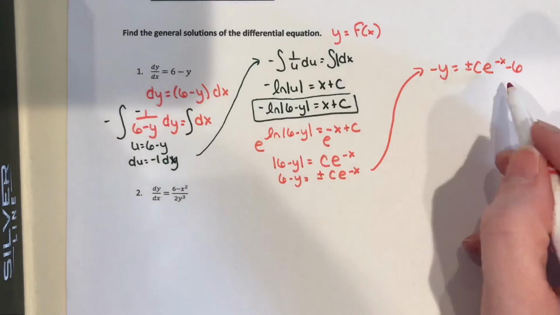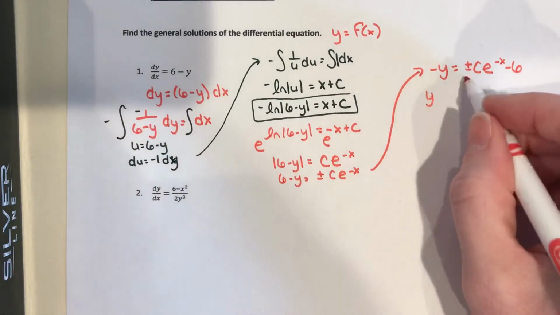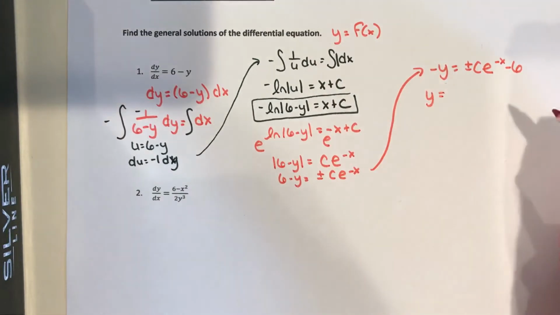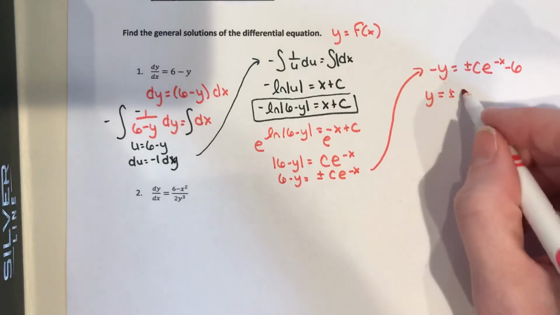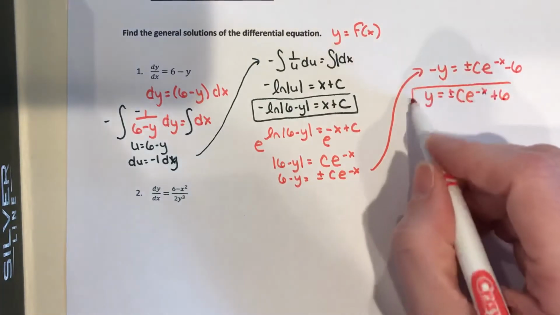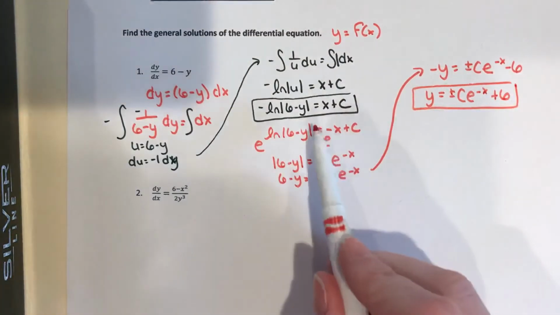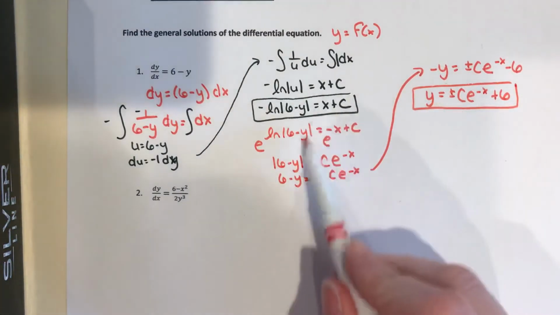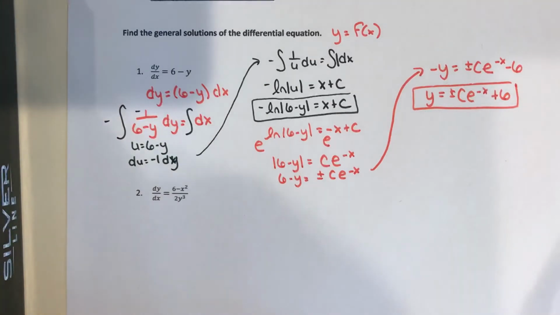And then the last step, I'm just going to divide by the negative. Now, since this already has a plus or minus, the negative doesn't really matter, so it's still plus or minus. But that negative 6 becomes a plus 6. So again, you only had to do this first part, but if they say solve for y, you have to use your algebra skills to keep solving.